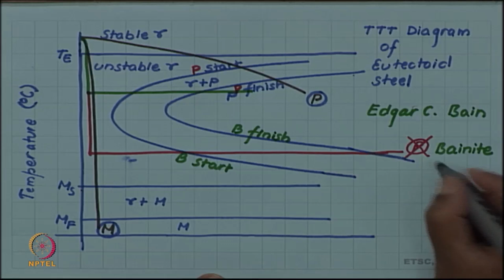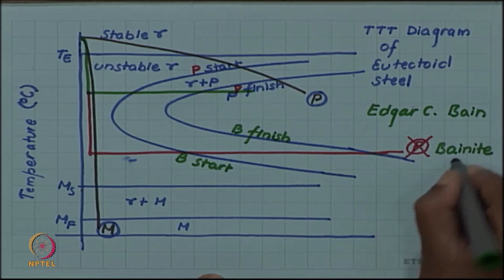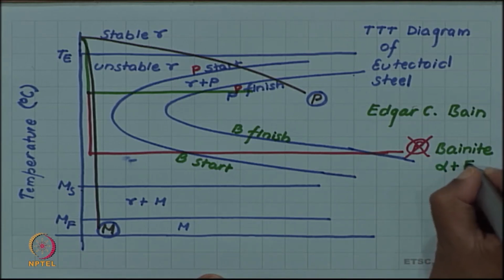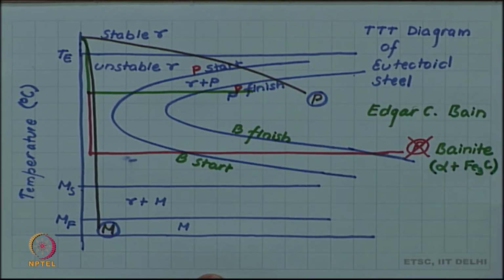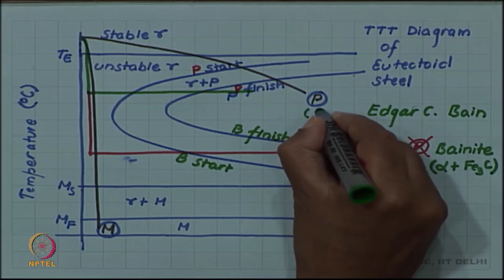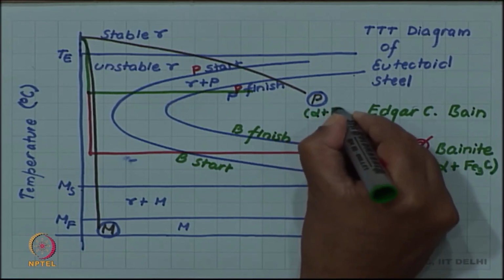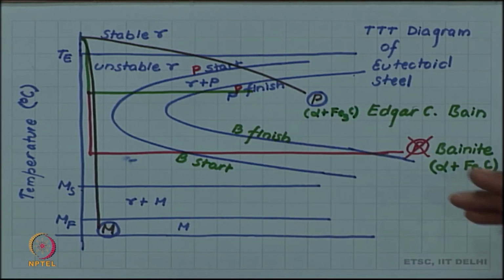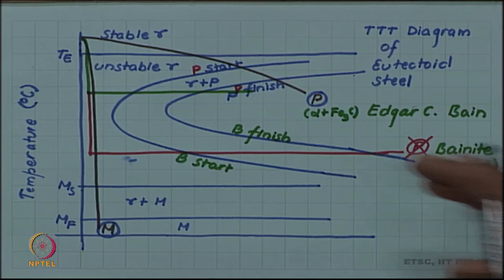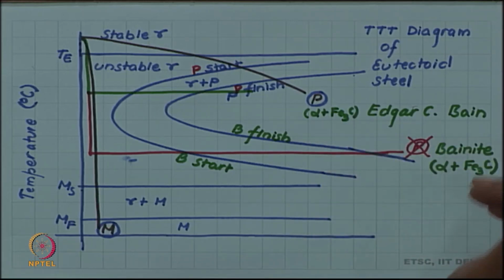And why was it not resembling pearlite? Bainite is also alpha plus Fe3C. So, in terms of the phases, both pearlite and bainite are a mixture of the same two phases, but in terms of appearance under the microscope, or the shape of the phases, they are very different.